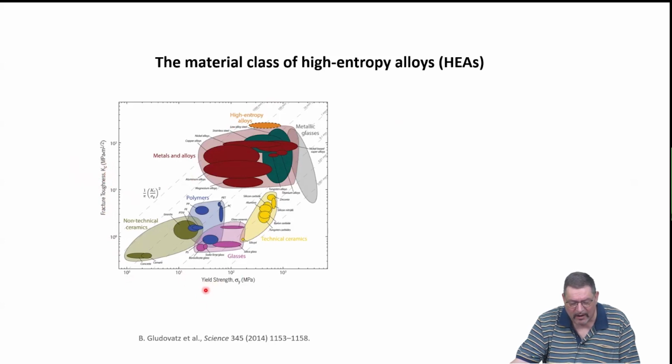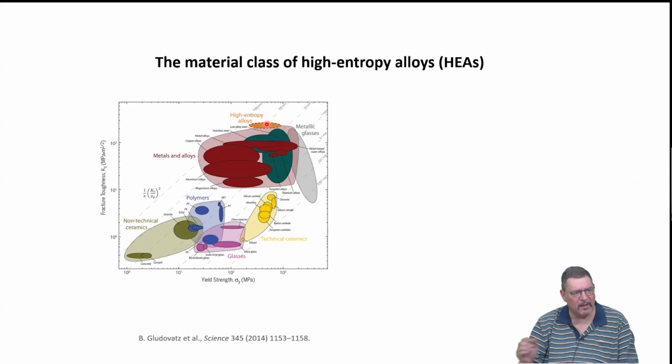And you see very different materials put into this one diagram. You have polymers, non-technical ceramics, glasses, normal glasses, not metallic glasses. You have all kinds of different things. Metallic glasses are over here. And you see high entropy alloys, many of them are actually on top of this.